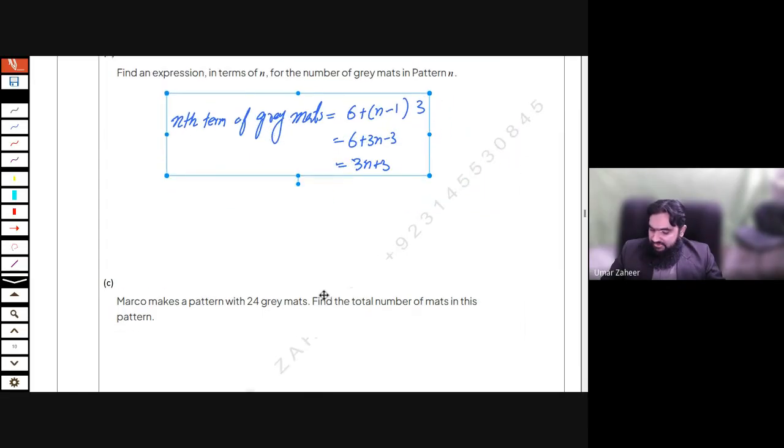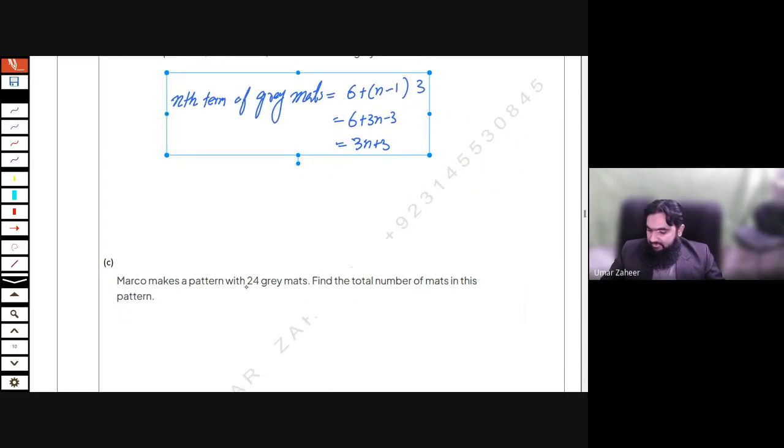Okay, in the next one, he says that Marco makes a pattern with 24 gray mats. Find the total number of mats in this pattern.